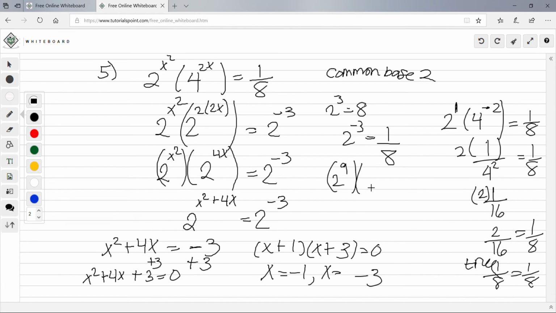And then 4 to the -3 times 2, which is -6, so 4 to the -6, equals 1/8. 4 to the -6 is 1 over 4 to the 6th, and then times 2 to the 9th. 2 to the 9th is 512, and 4 to the 6th is a really big number, 4096.